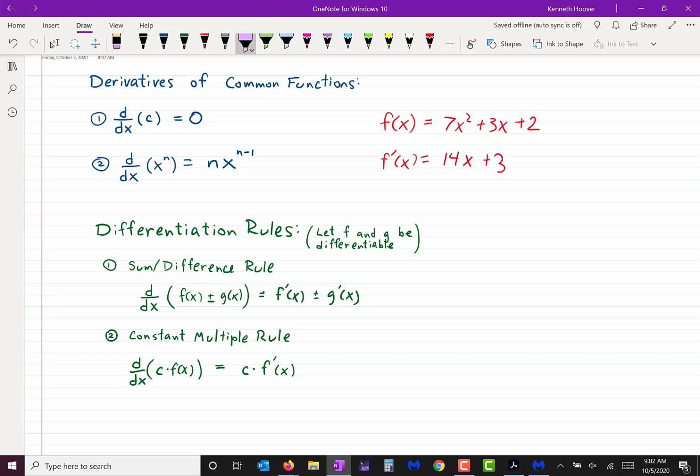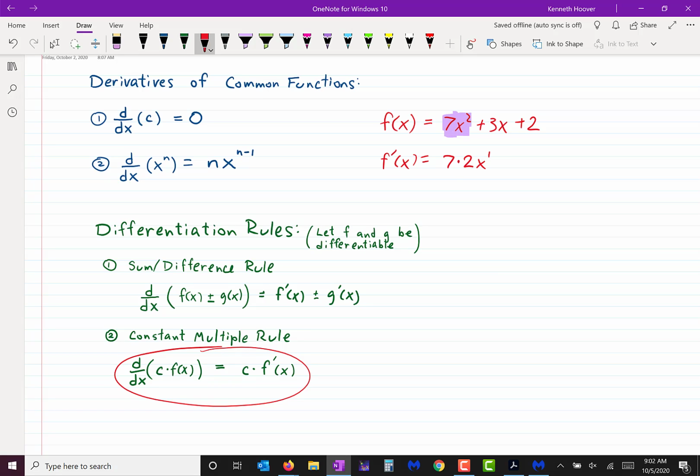Let's look first at the x squared. What's the derivative of x squared? Well, using this rule, the derivative of x squared would be 2 times x to the power 1. So then what's the derivative of 7x squared? Using this rule, I would multiply the derivative of x squared times 7.